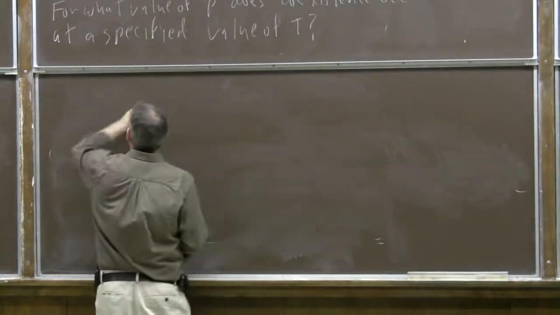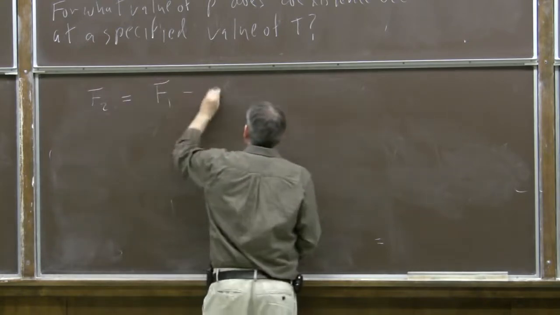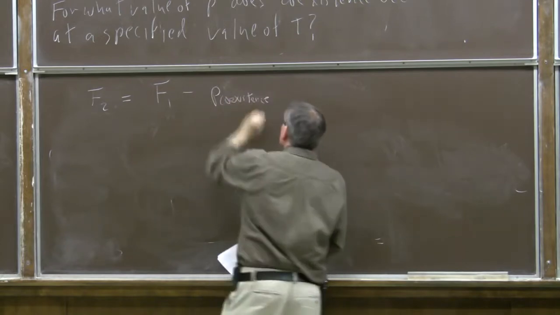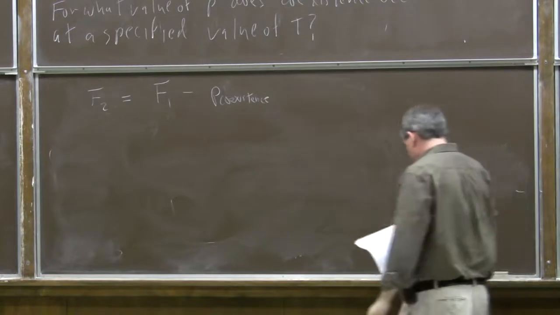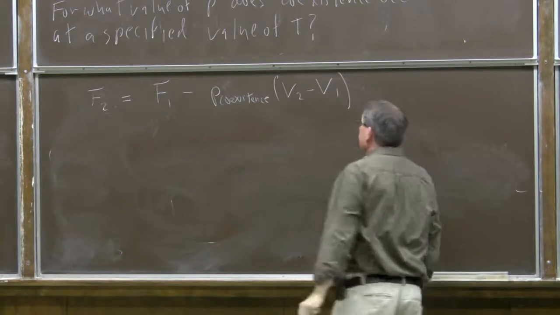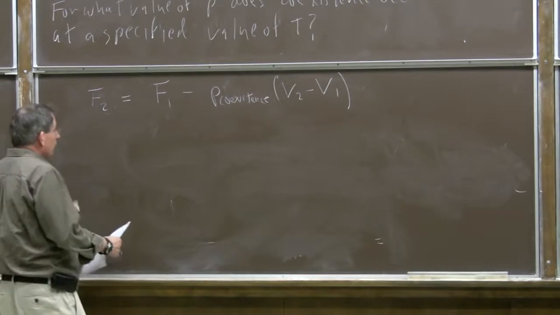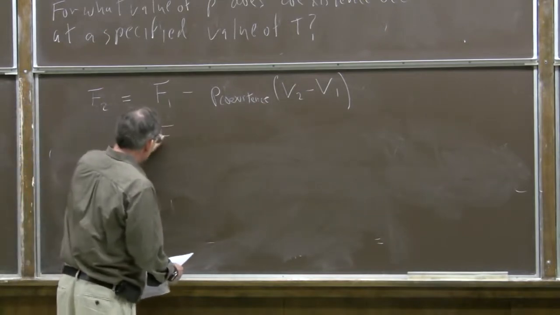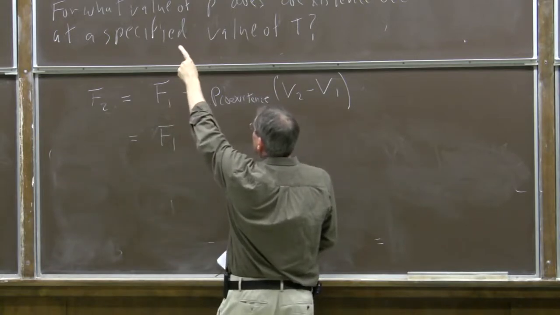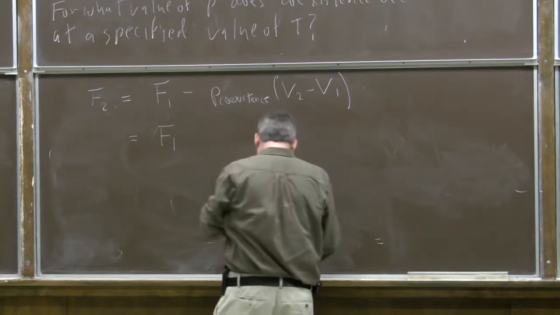So I can write F2 as F1 minus the pressure at which there's coexistence. That's the slope of the dotted straight line, times the difference in volume, V2 minus V1. But I can also write it as F1 plus the integral of the first derivative of F with respect to V along the isotherm.